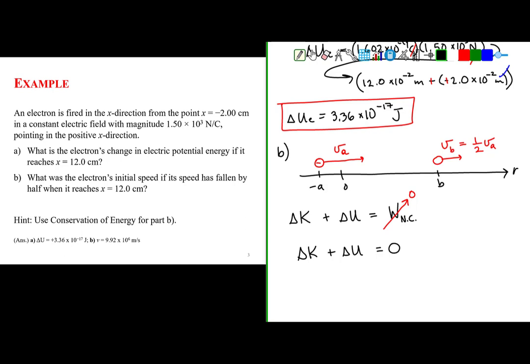So in part A, we found the change of electric potential energy in our electron. In part B, we're trying to find the initial speed if we know the final speed at point B is half of the initial. So it looks like we should use conservation of energy, which says the kinetic energy at point B, our final kinetic energy, minus the kinetic energy at point A, plus the change of electric potential energy is equal to 0.